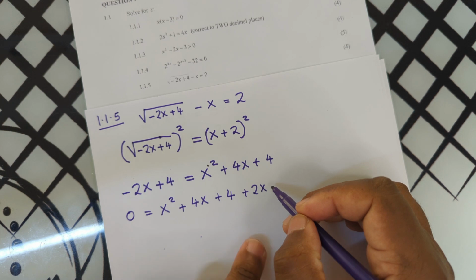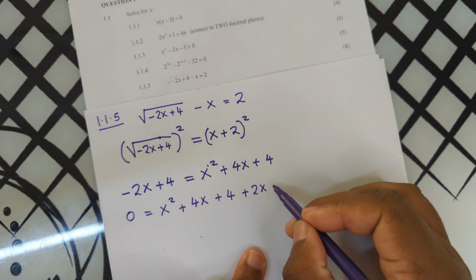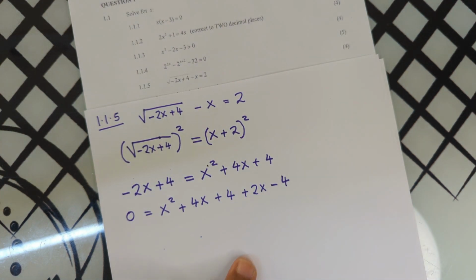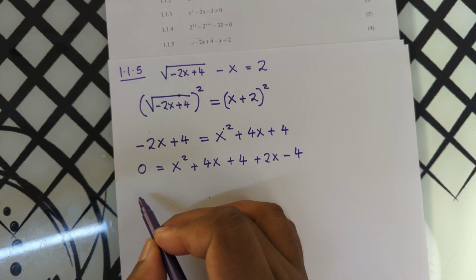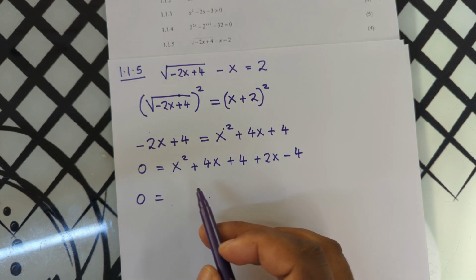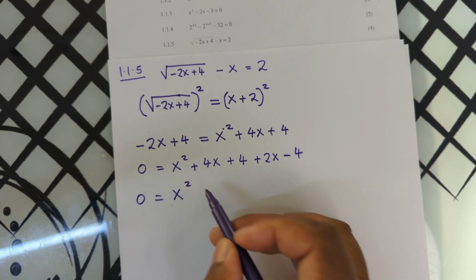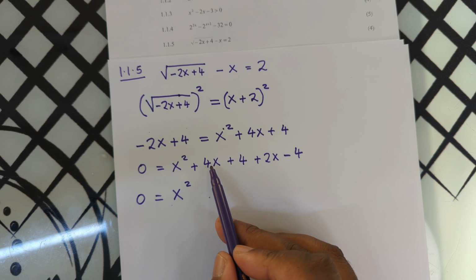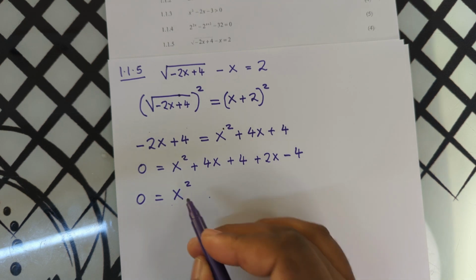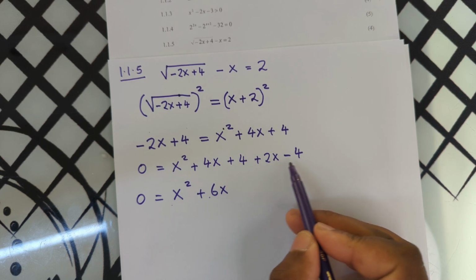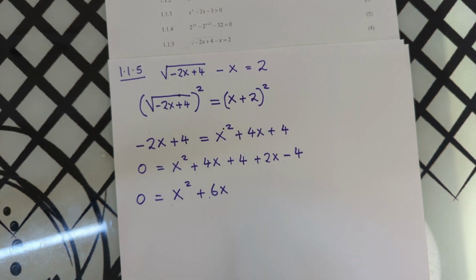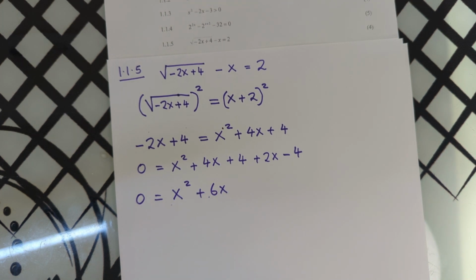So plus 2x, and the +4 will change into a -4. Now let's combine the like terms. So we're going to have 0 is equal to x to the power 2 remains x to the power 2. So 4x plus 2x, this will give you 6x. And the constants will cancel each other. 4 minus 4, that's a 0. So we are left with a quadratic equation, x squared plus 6x being equal to 0.